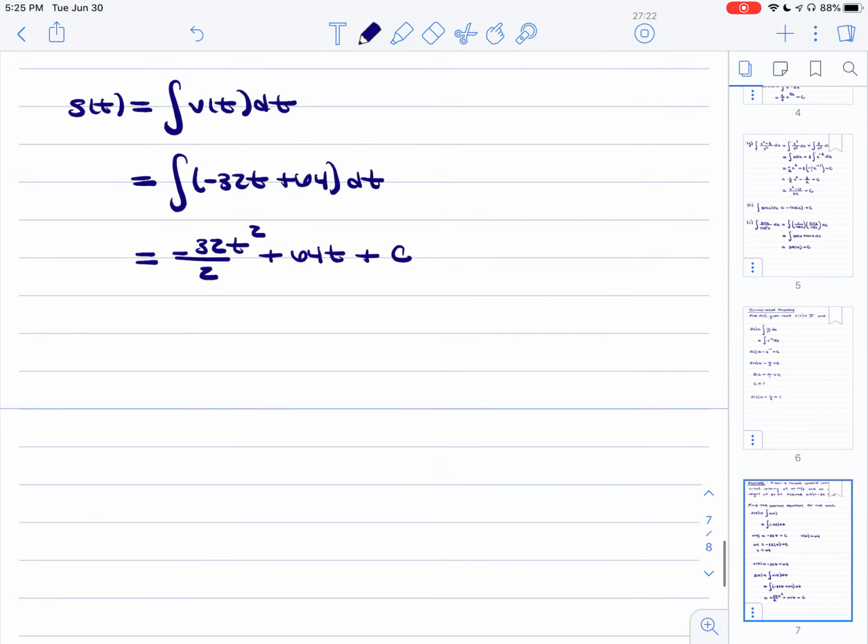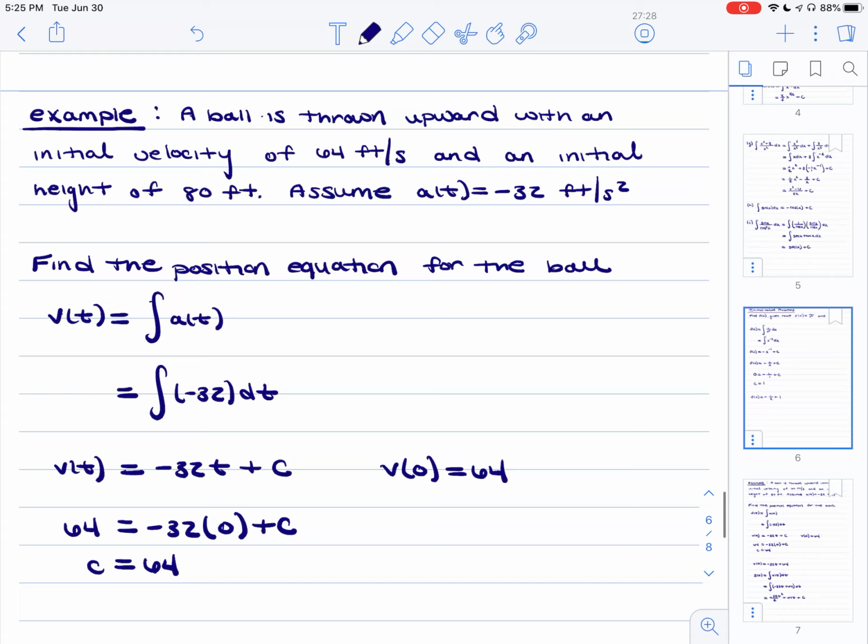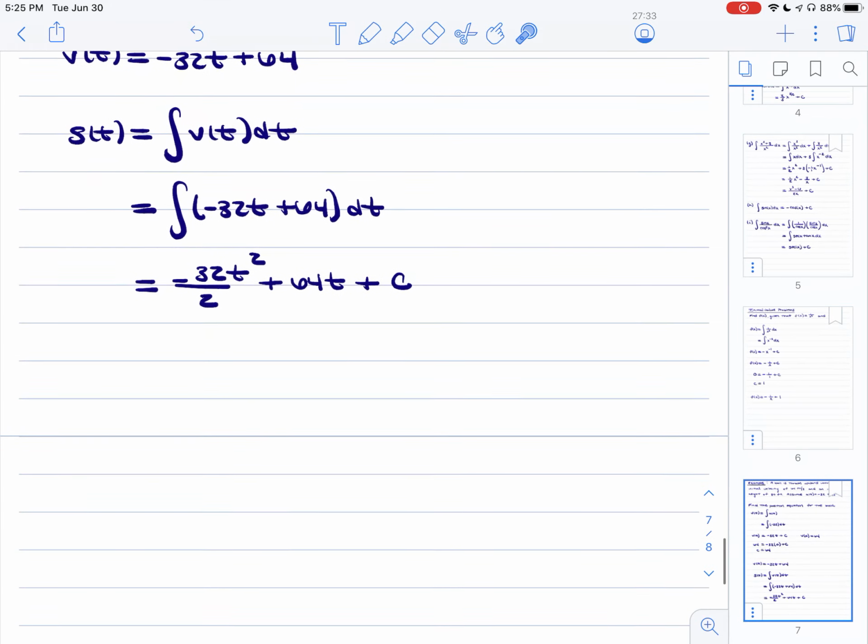All right, and then let's go back to our given information here. It told us that we have an initial height of 80 feet. That's telling us that S of 0 is equal to 80.